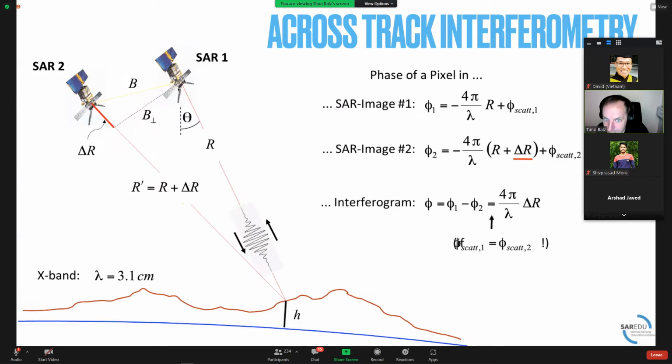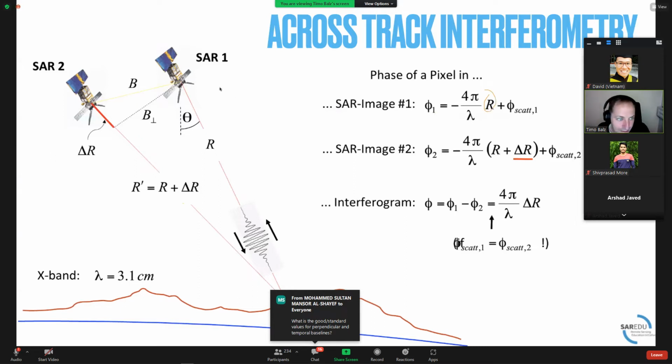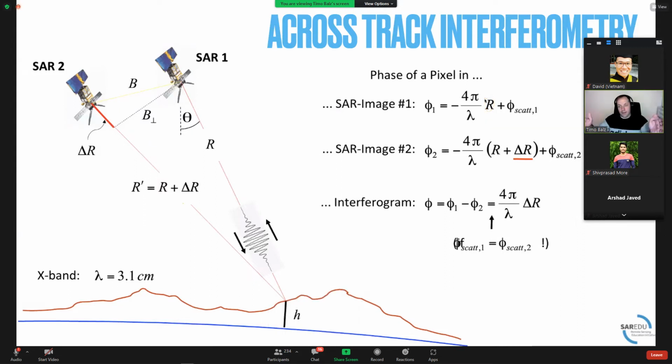So this is the phase of a pixel. We can calculate that, and that depends on the range R, the range between our satellite and our object. Our wavelength travels along that range, and the phase is the fraction of the wavelength.